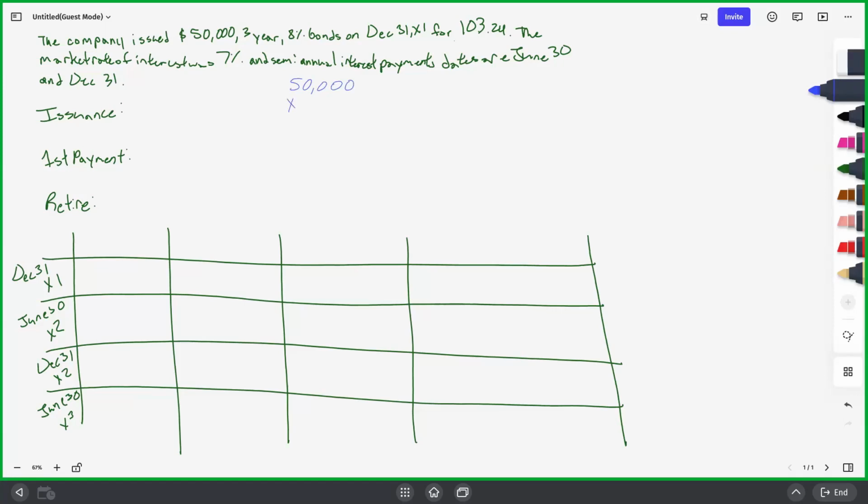You take this 103.24 and basically make that into a percentage. And what was the number we all agreed on? 1,020. 51,620. Oh, 51,620. That is the premium.